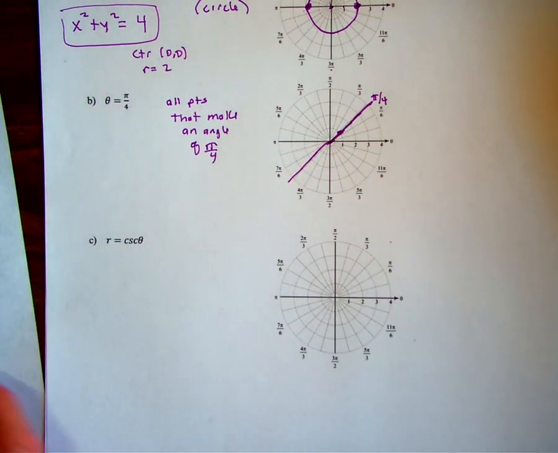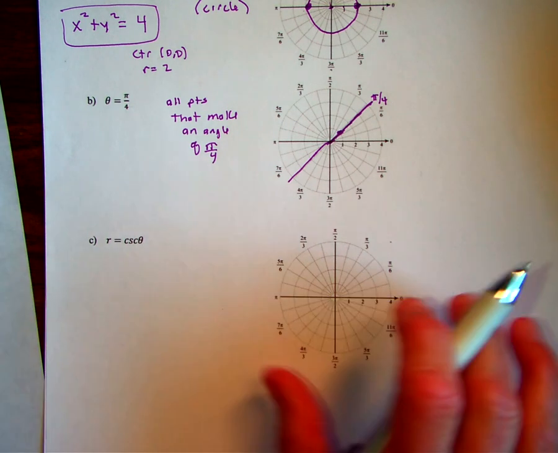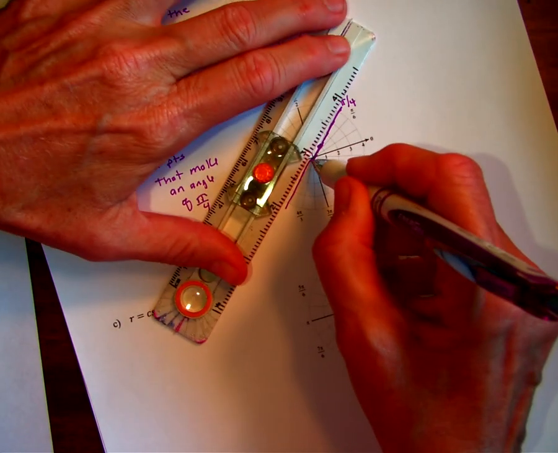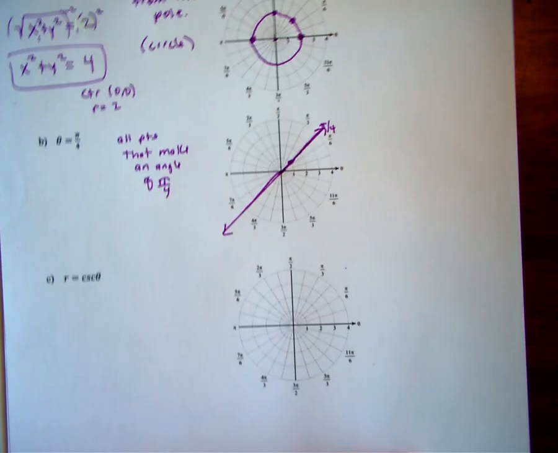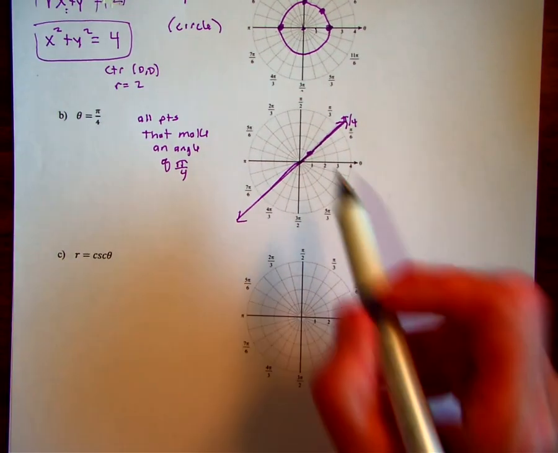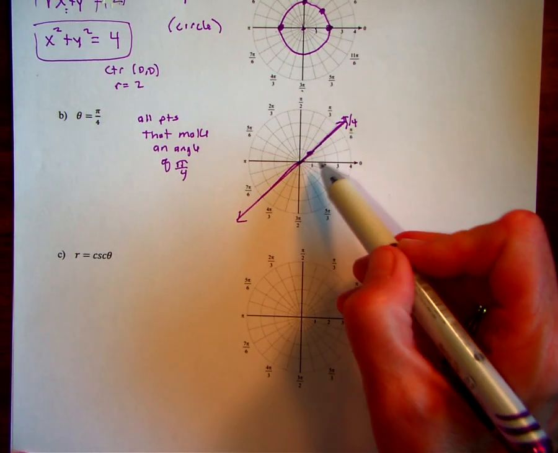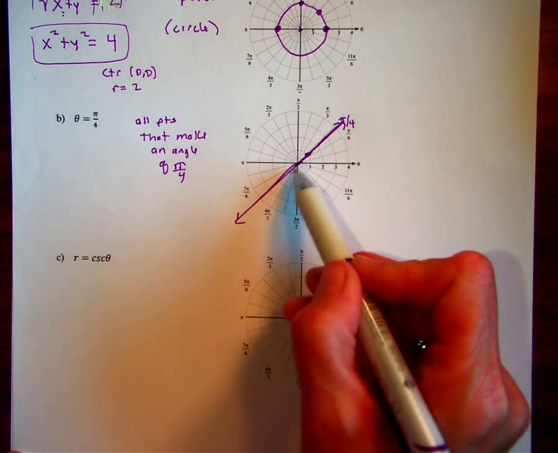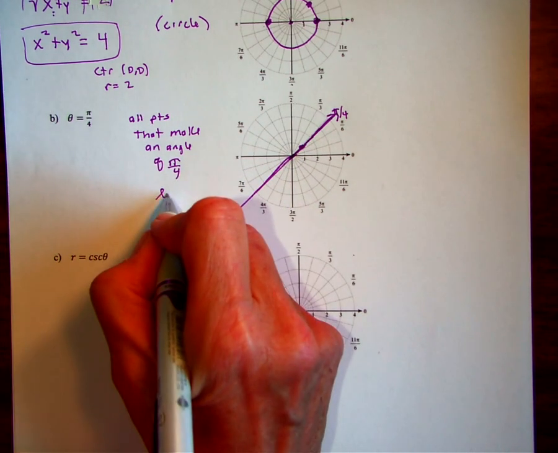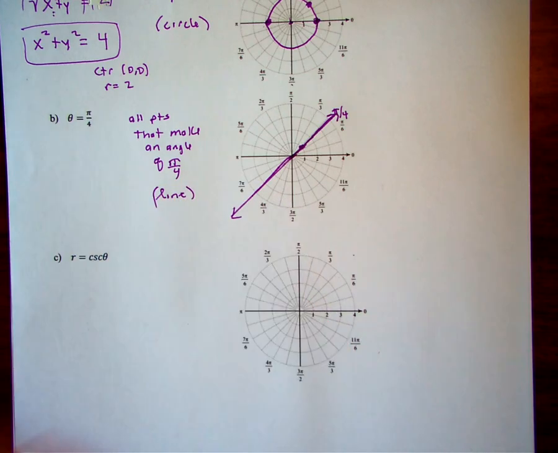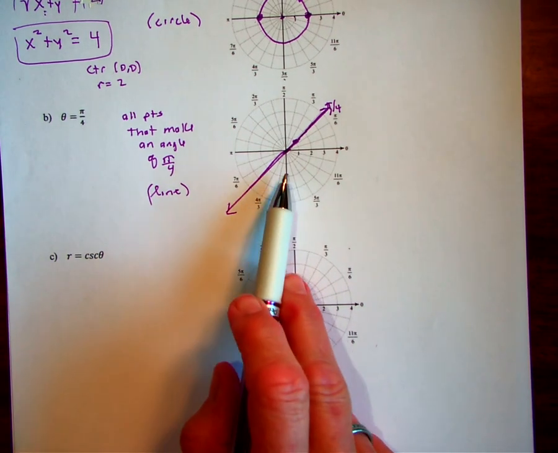And so what we get, this isn't very neat, we get a straight line. All right, because I am making a pi over 4, so I'm walking towards the terminal, I'm walking away, and I end up getting a line. All right, so it's a line in polar.